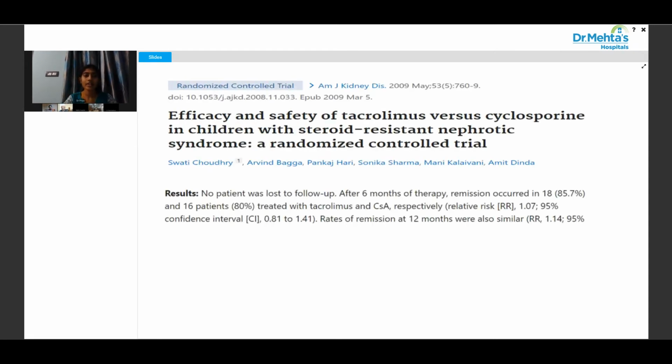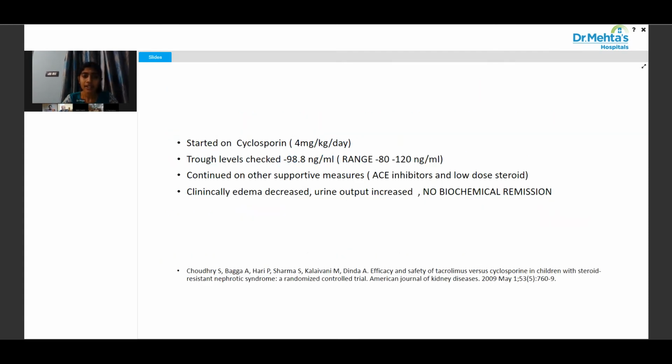The child was started on cyclosporin at a dose of 4 mg per kg per day. Trough levels were checked and were within the normal range. The child was otherwise continued on other supportive measures like ACE inhibitors and low-dose corticosteroids. Despite starting cyclosporin, the child did not show any biochemical remission, though clinically he improved as edema decreased and urine output increased. The genetic report finally turned out to be positive.